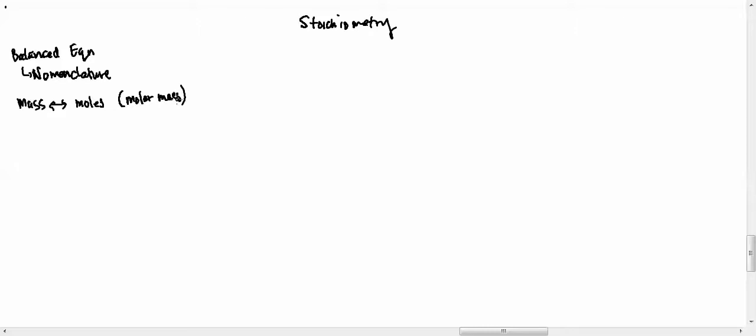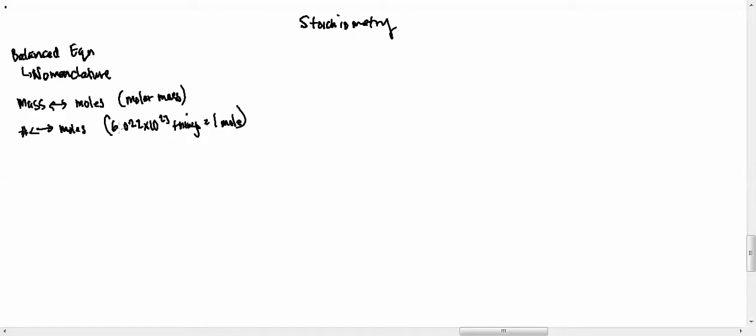And then you've gotten good also at converting the number of atoms or particles into moles, and we use 6.022 times 10 to the 23 things equals 1 mole.